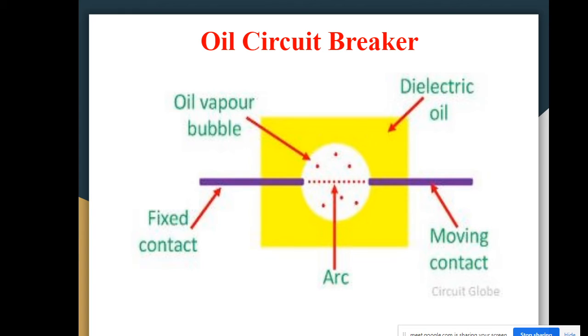When the arcing products are carried away, there is no chance for the voltage to restrike, because the dielectric strength is strong enough. The buildup of the dielectric strength is more than the restriking arcing voltage between the contacts of the circuit breaker.